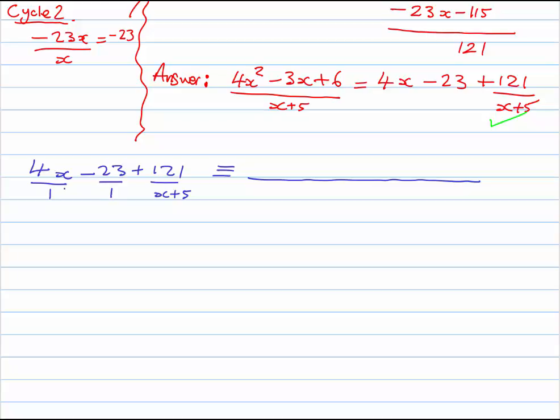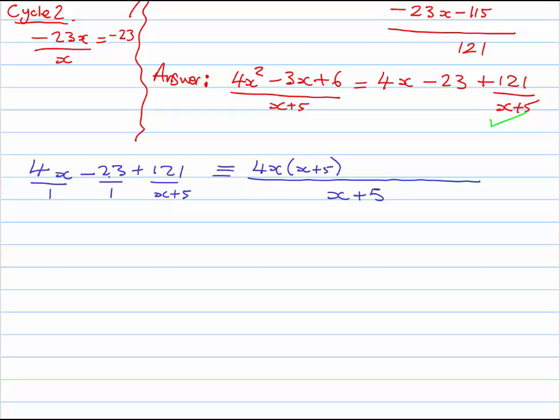And then, of course, we have 3 fractions here. You're looking for a common denominator. You're looking at these and you're thinking, okay, common denominator is x plus 5. And then we go 1 into x plus 5 gives you x plus 5 times the 4x. So 4x times the x plus 5.